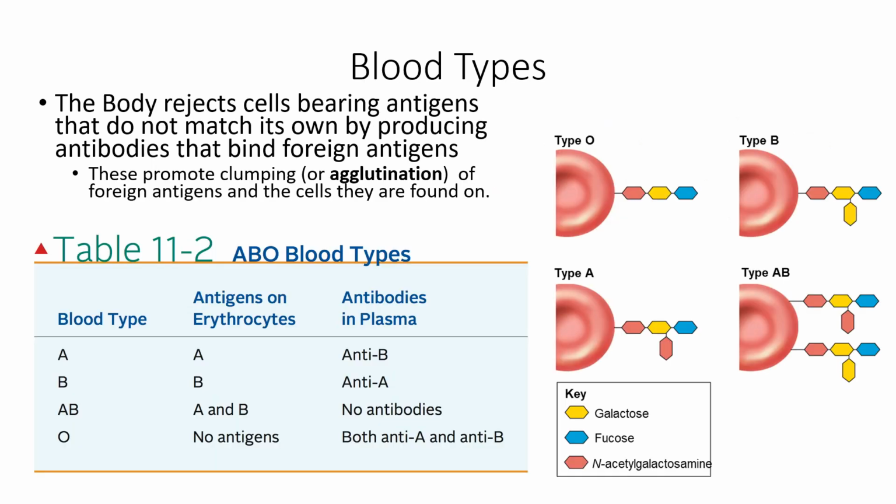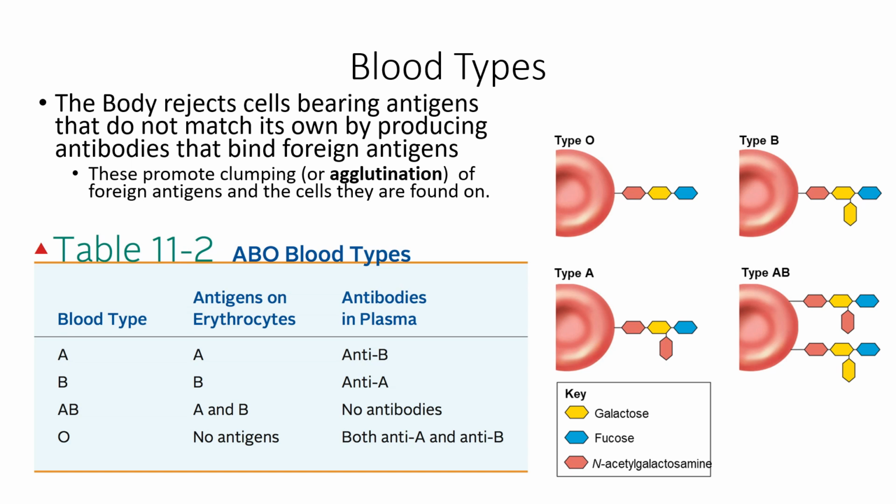Any person will reject erythrocytes or any other cells bearing antigens that don't match their own, by producing antibodies that bind to foreign antigens or foreign glycolipids on the erythrocytes.